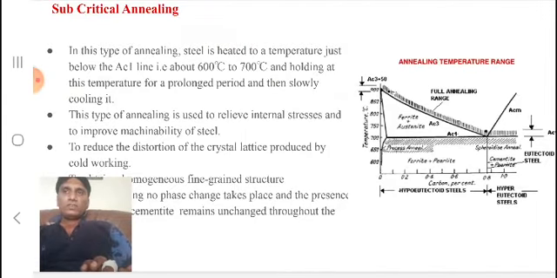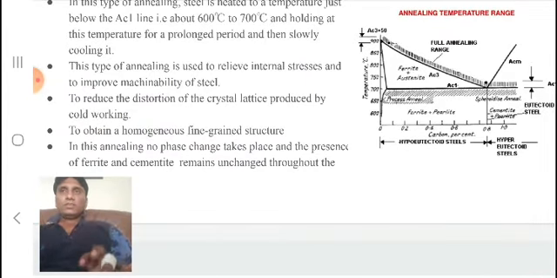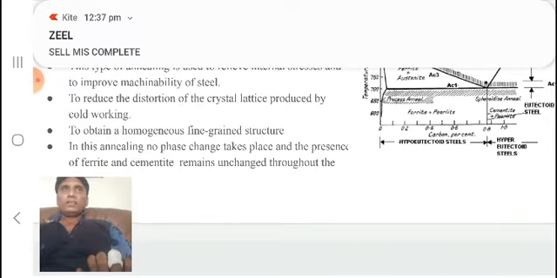Reducing the distortion of the crystal lattice produced by cold working is also done in process annealing or subcritical annealing. To obtain a homogeneous fine grained structure, this annealing process is also adopted in order to get stress free grains.